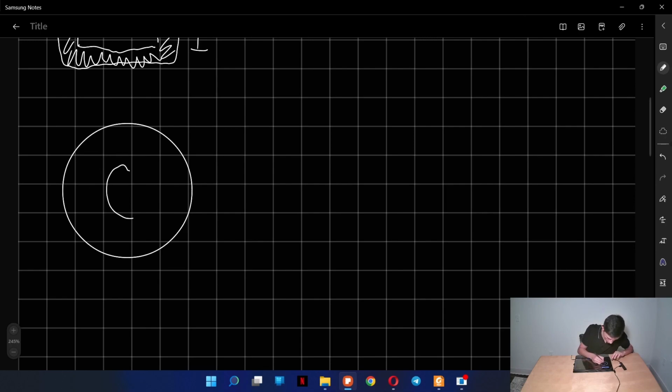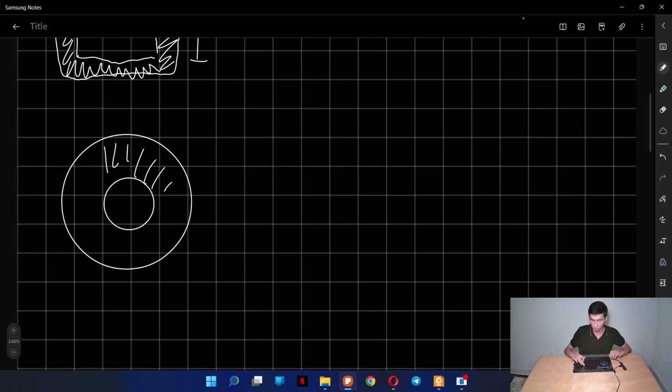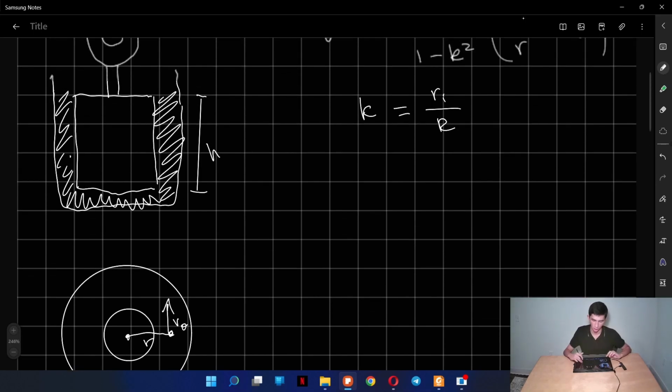There's the inner radius and the outer radius, and what r represents in our question is the radius at any point from the center, and we're going to have a v theta directed to the theta angle.